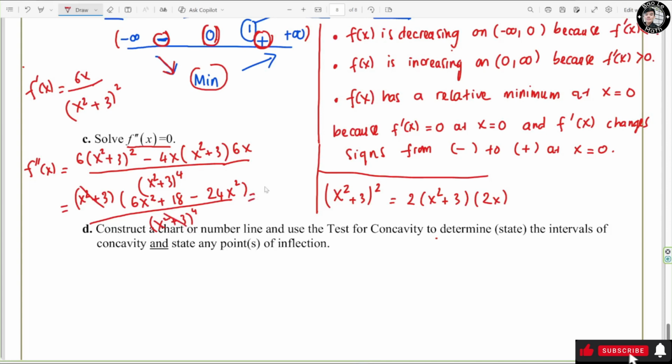So the top is negative 18s squared plus 18 over (s squared plus 3) cubed, right? Now we just let this equal to 0, which is the same thing as the numerator equal to 0, right? So negative 18s squared plus 18 equals 0, and then s squared equals 1, and then s equals plus and minus 1, right?